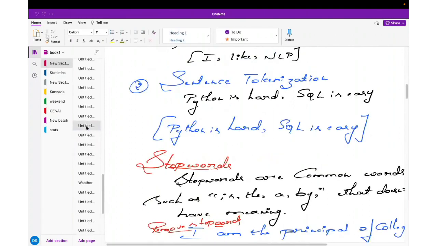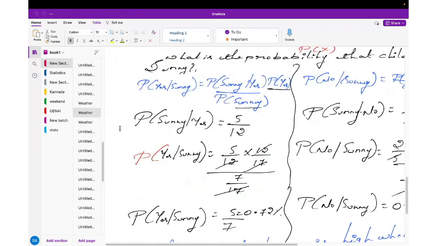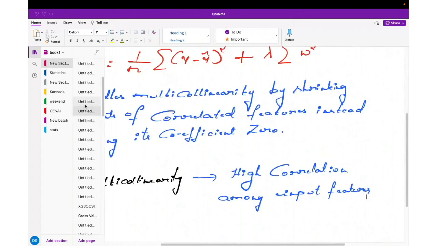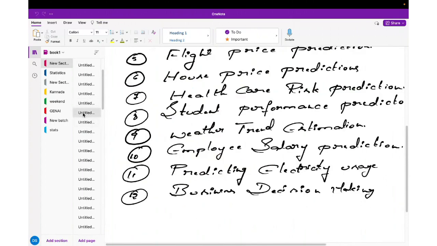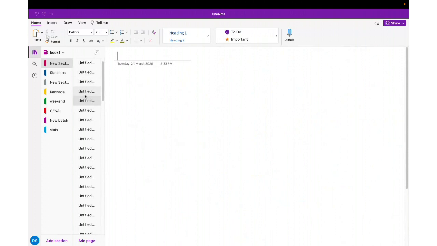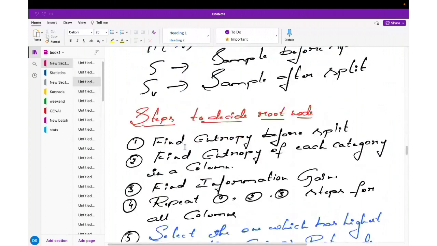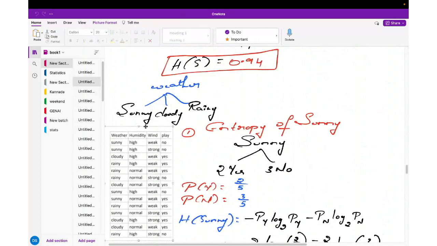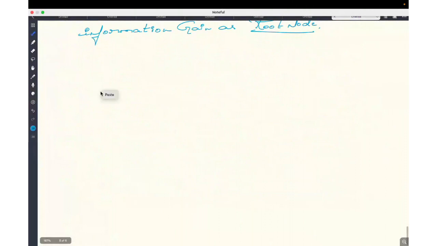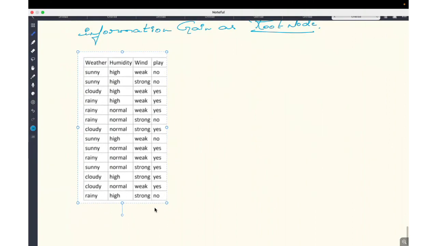Just a minute. Basically, I need the data. Yeah. You can see those? Yes.